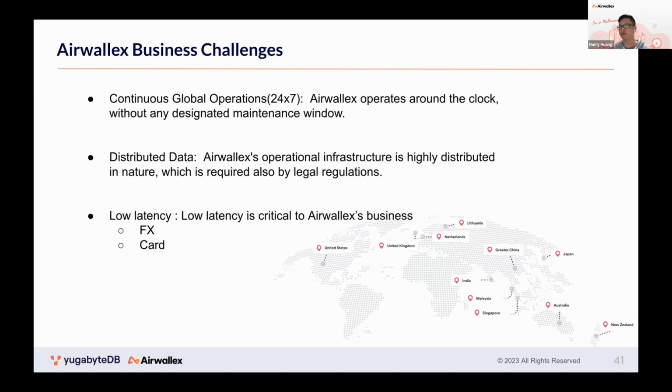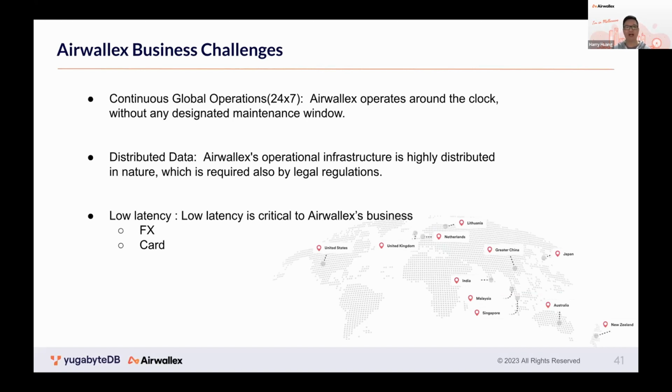As I mentioned before, Airwallex is a global business. Our business operates continuously, globally, 24/7, and we don't have any designated maintenance window. We don't have the luxury to turn down our service for a couple of minutes to upgrade the database version, etc.